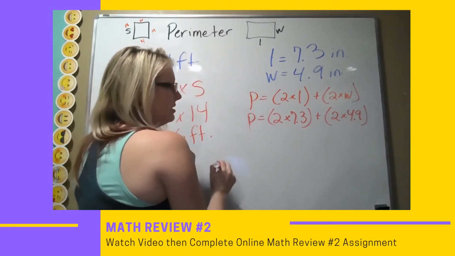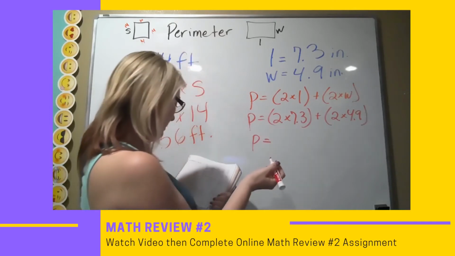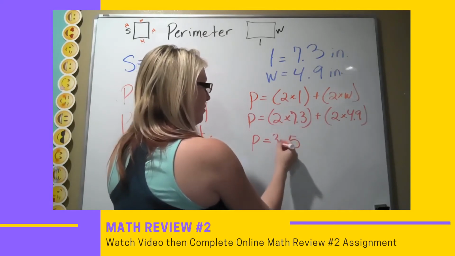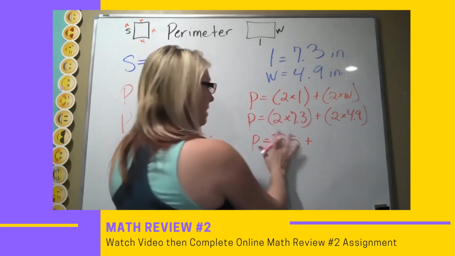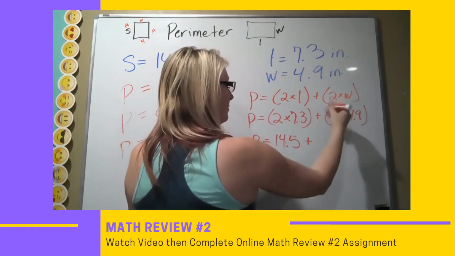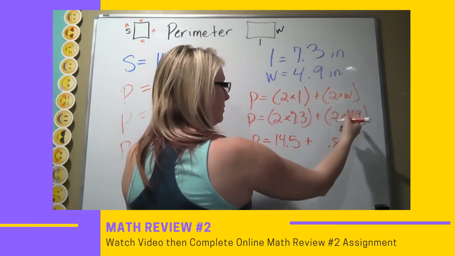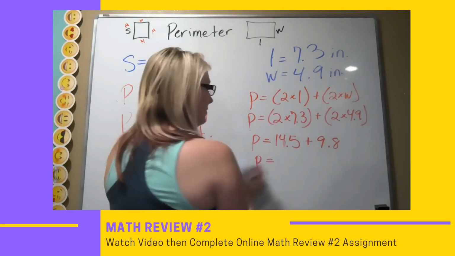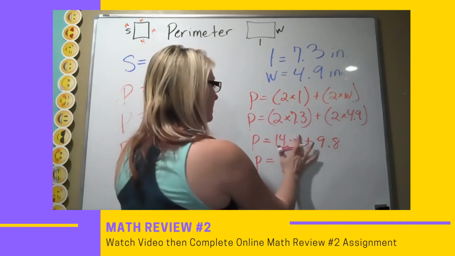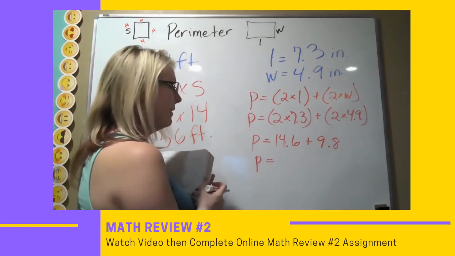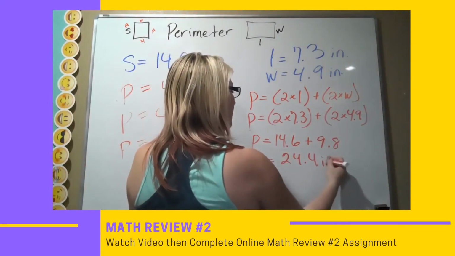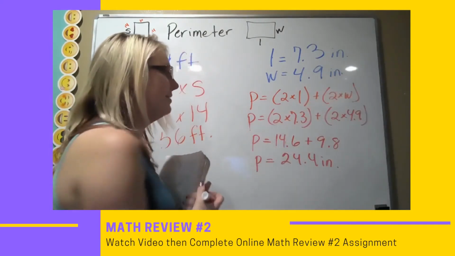Now, if you wrote these over to the side and you multiplied, you would get 14.6 and 9.8. And then if you added those together, you would get 24.4 inches, because I bring that down and I added those together.